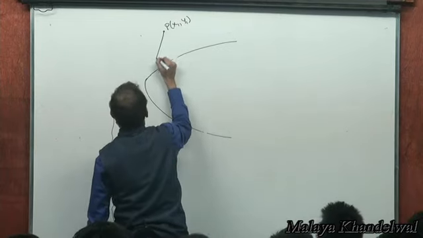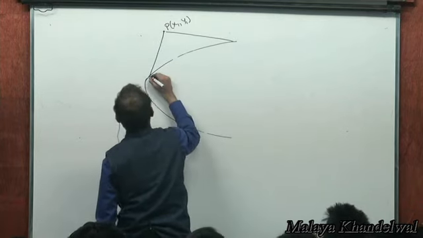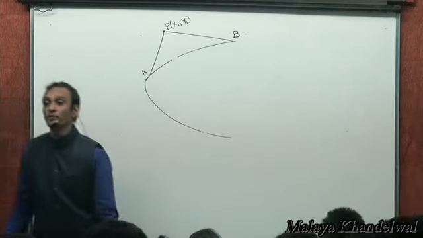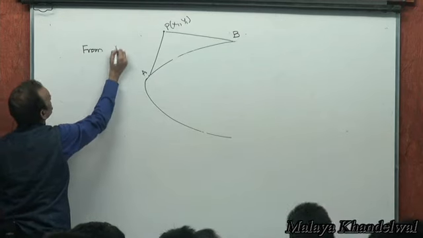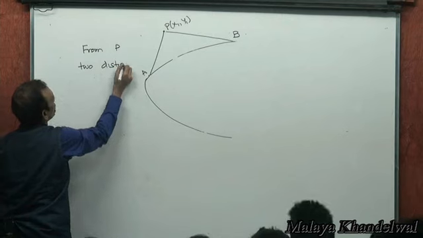A and B would be points of tangency. So from P, two distinct real tangents are drawn.